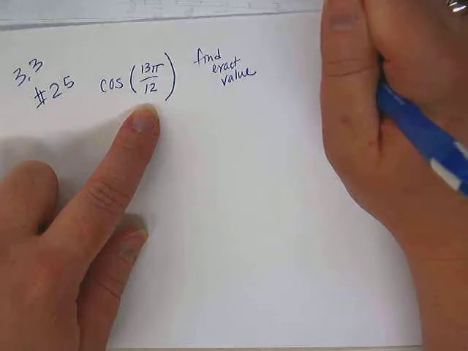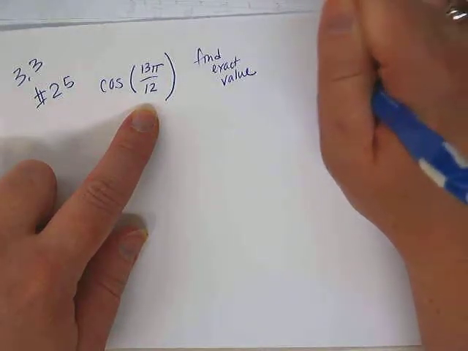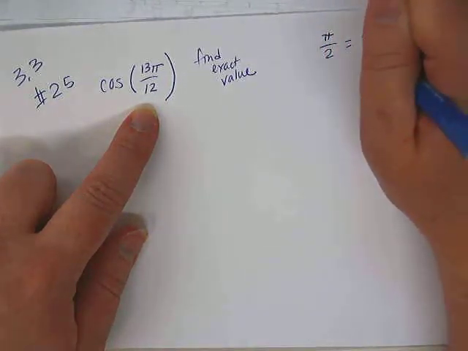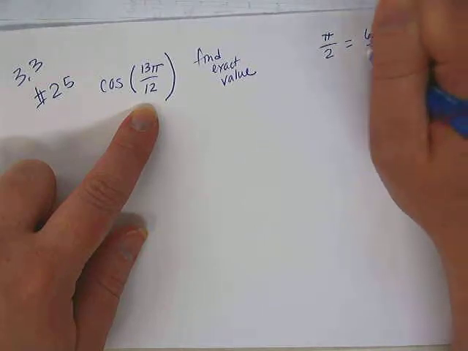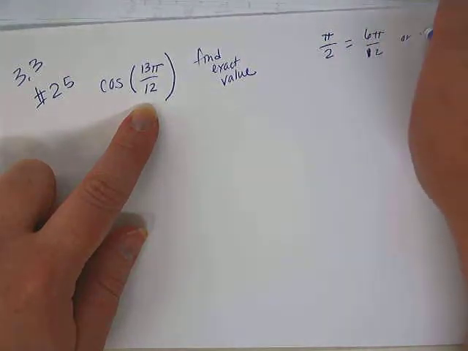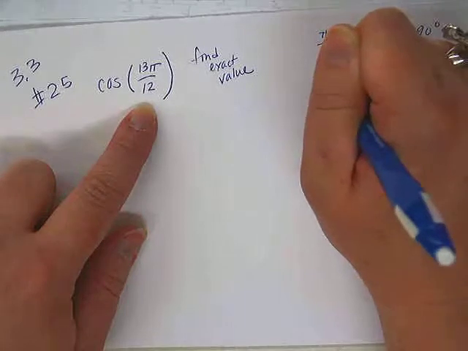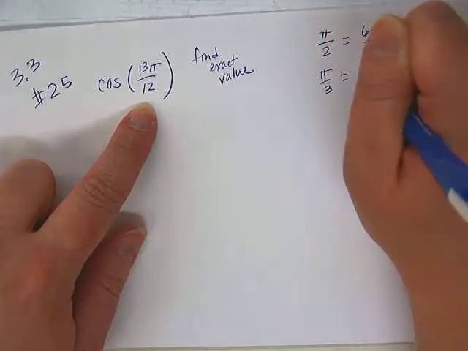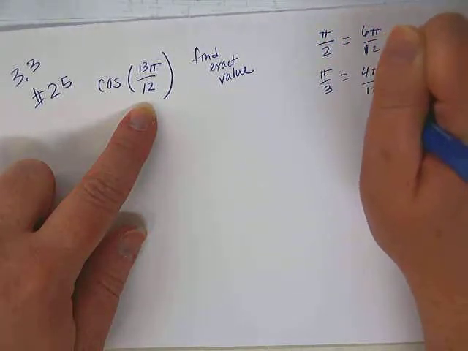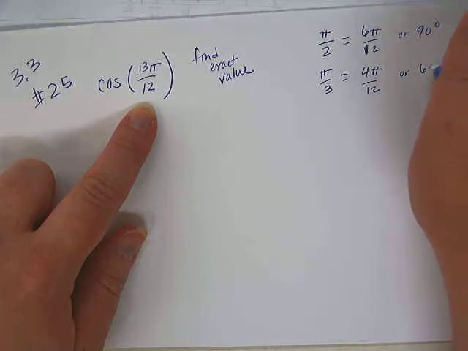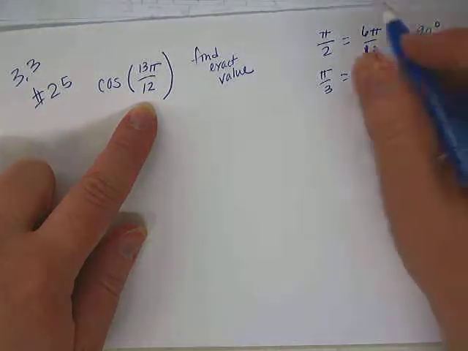So let's make a list of what they are. We have pi halves, which is 6 pi 12ths, or 90 degrees. We have pi thirds, which is 4 pi 12ths, or 60 degrees, correct?